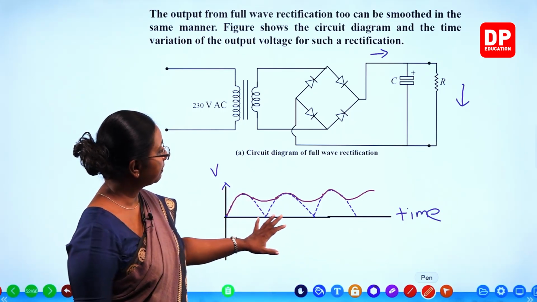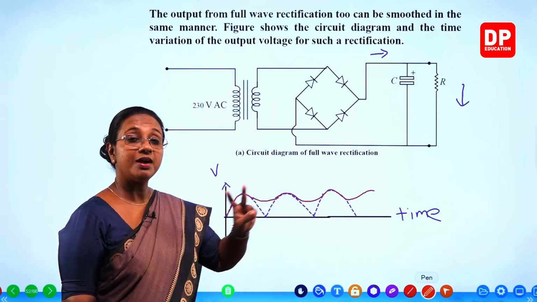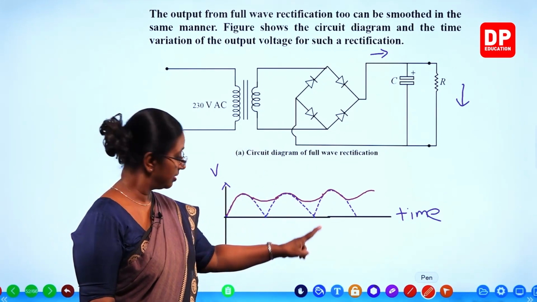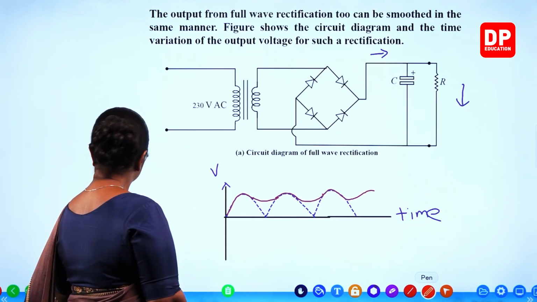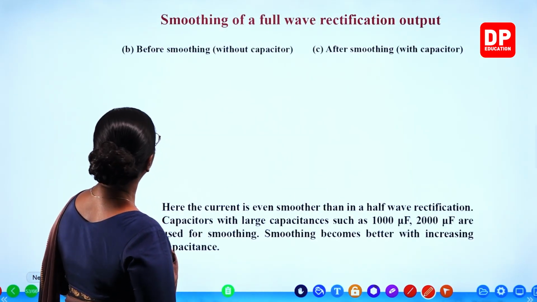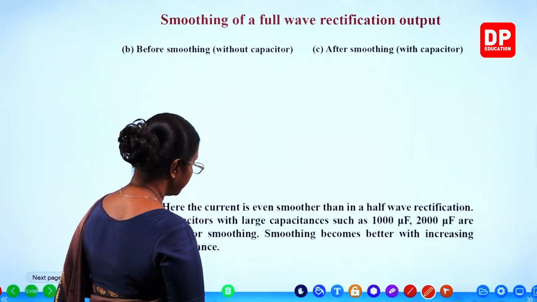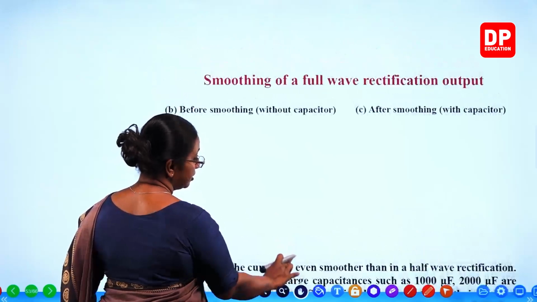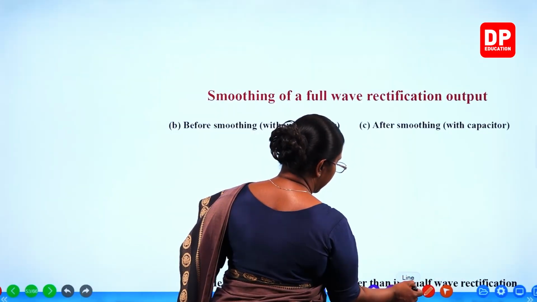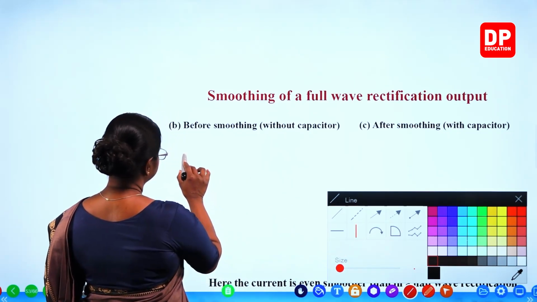So this is what happens in a smoothing process. But in the next slide also, I will draw the two separate graphs one more time. Smoothing of a full wave rectification output before smoothing, that is without capacitor, and after smoothing, we will look at the two graphs. So there I explained it with the same graph.